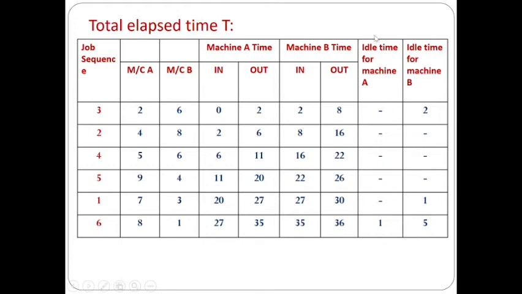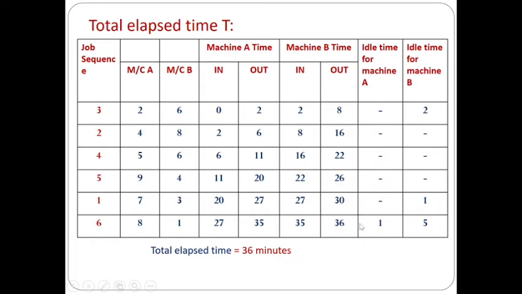So after computing all these details, we have to take the results out of this table. The total elapsed time is this one, 36, that is the time out of the last job from the last machine.